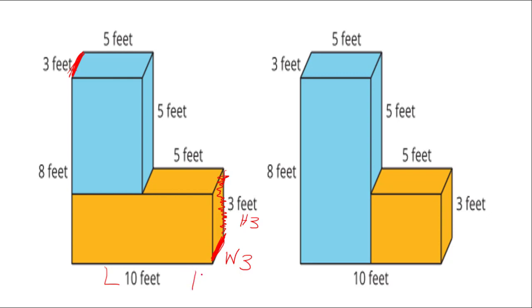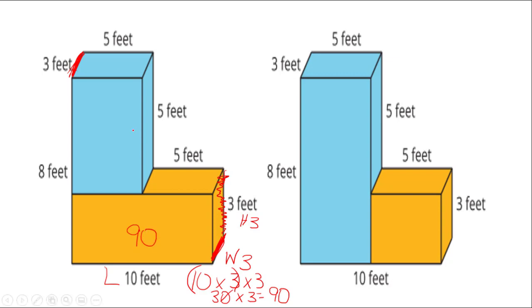Length times width times height. 10 times 3 is 30 times 3. We're going to take off that 0. 3 times 3 is 9. Put the 0 back at the end. So the volume for this one is 90.